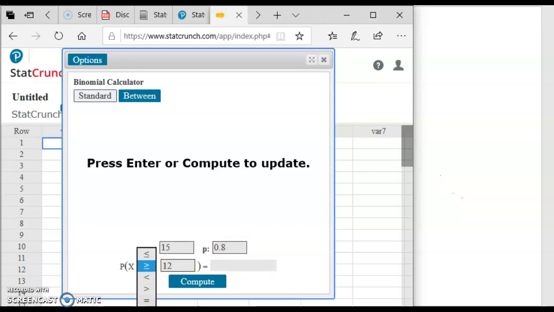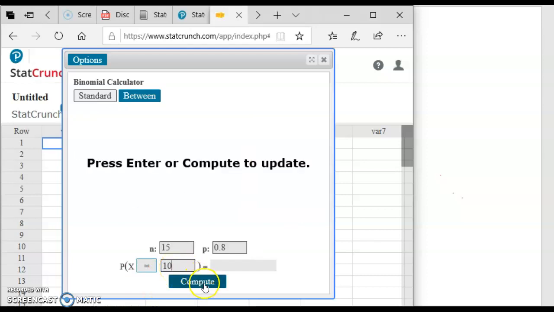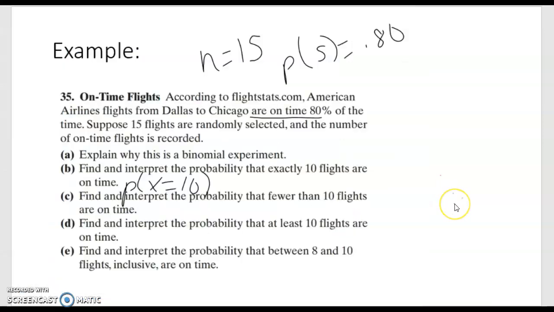And we're looking for exactly 10. Compute. So 0.1032. So what that means is about 10% of the time we would expect 10 flights, exactly 10 flights, to be on time.